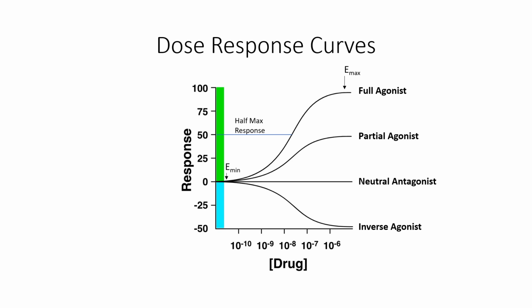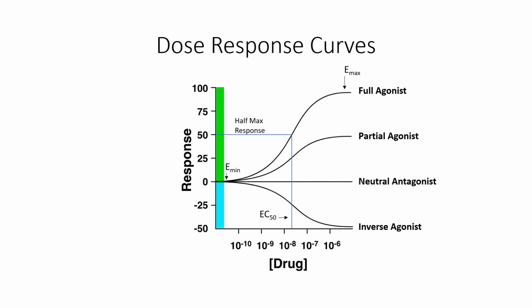If we then extrapolate this to the concentration of drug, we would see that it's occurring at this position right here. This concentration of drug is known as the EC50, or effective concentration 50. This is the concentration of drug that is producing half the maximal effect of the drug. This is often important when we talk about things like potency in pharmacology, as a more potent drug will produce stronger effects at a lower concentration of drug given.